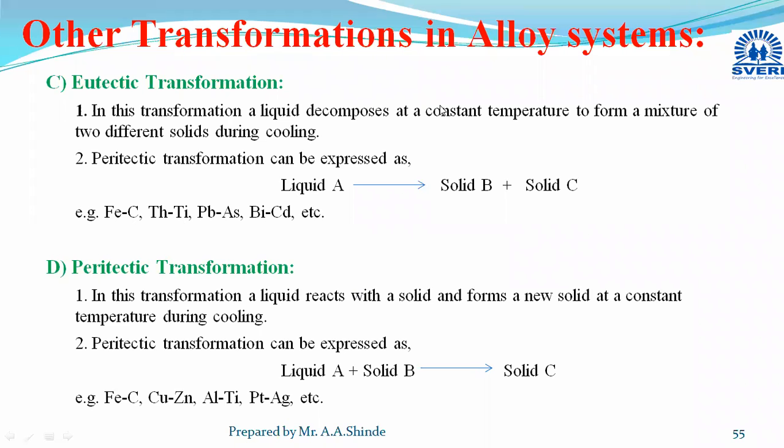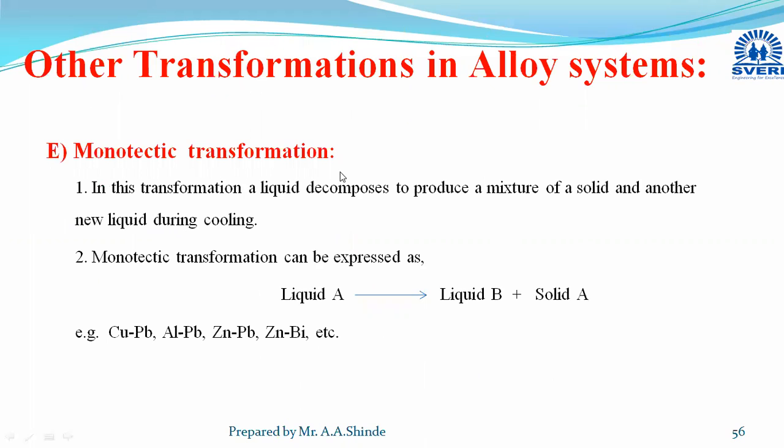Now I have completed eutectic and peritectic transformation, and the fifth and last transformation is monotectic transformation. In this transformation, one liquid decomposes to produce a mixture of one new solid and another new liquid.